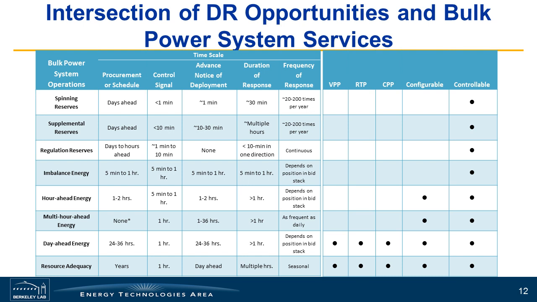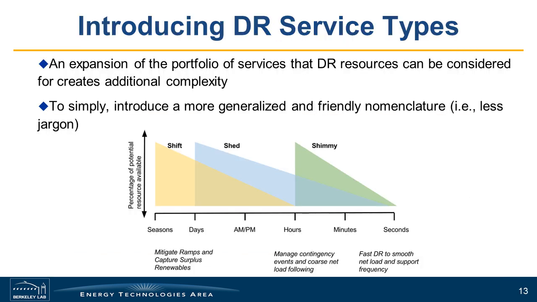How are we going to match every end use to each bulk power system operation? So what we did is we boiled this down to a portfolio of services that can be considered for a more generalized purpose and a friendly nomenclature.